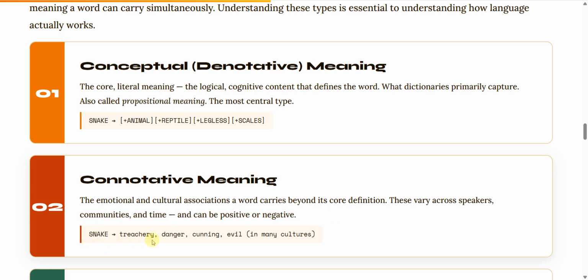So snake suggests treachery, danger, cunning, evil in many cultures. This relates to the cultural meanings associated with words. Like red is the color or symbol of danger, but at the same time, if the situation is different, like on weddings, it is considered a symbol of fertility, newness, love, and passion.